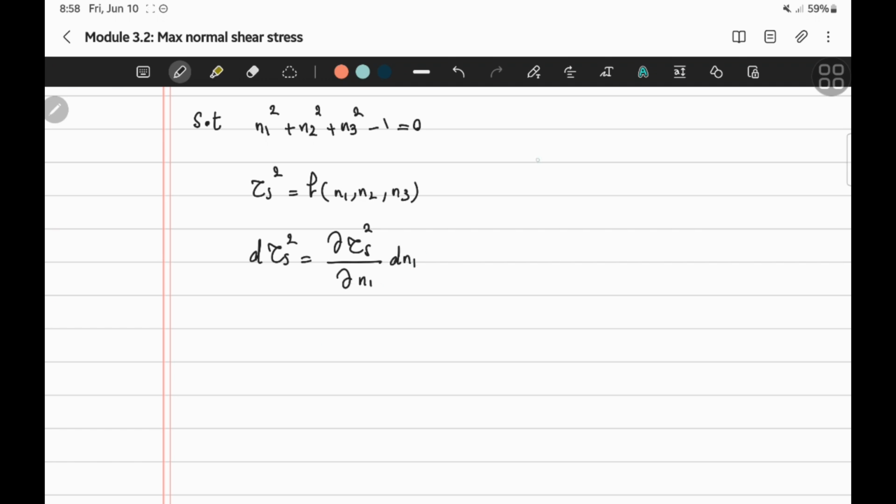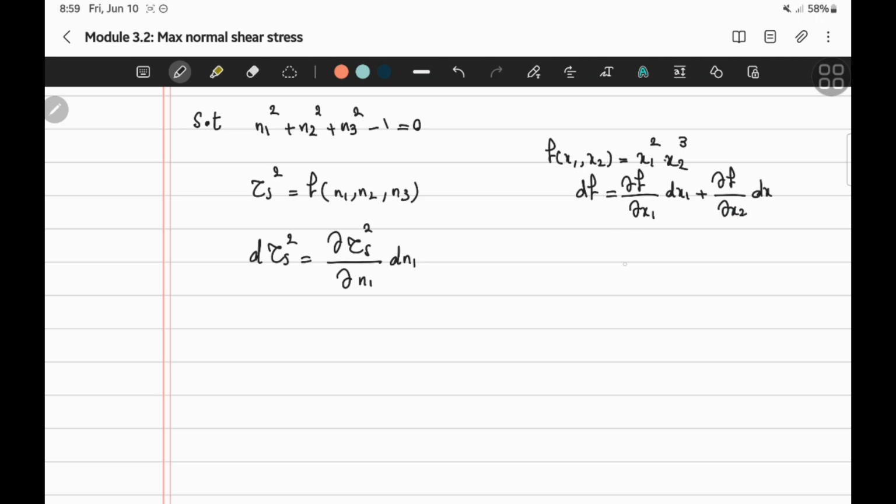This is basically the same as, for example, f of x1 and x2 equal to x1 squared times x2 cubed. Then df is equal to the partial derivative of f with respect to x1 dx1 plus the partial derivative of f with respect to x2 dx2.